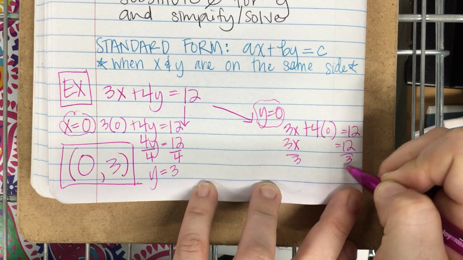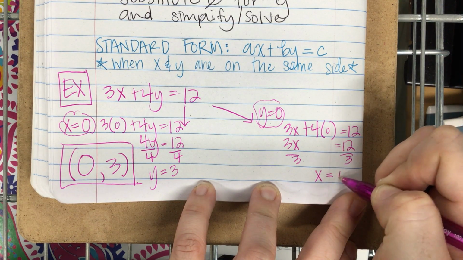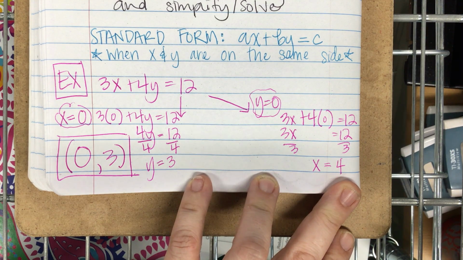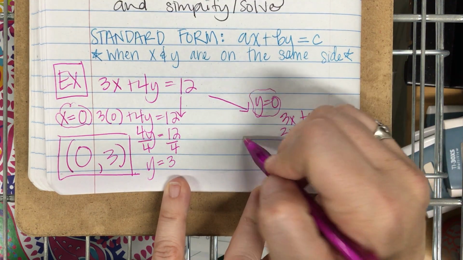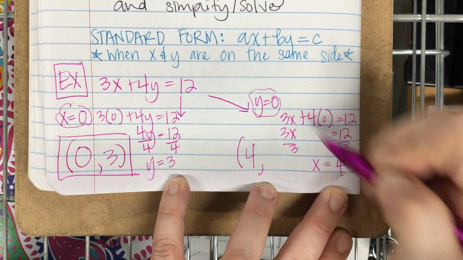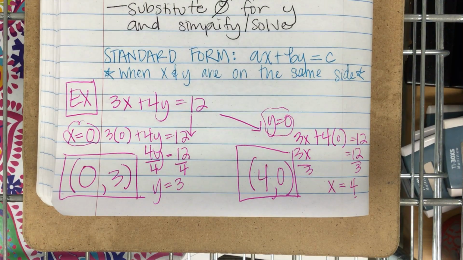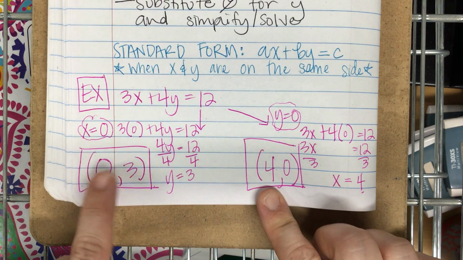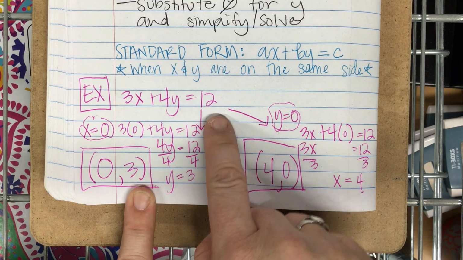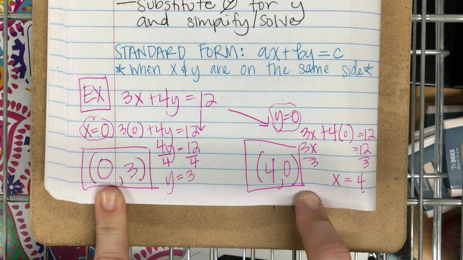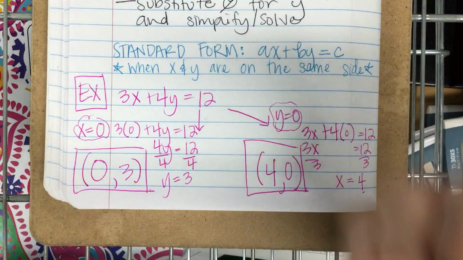Divide by 3, x equals 4. What's my answer for this one? 4, 0. 4 is my x value, 0 is my y value. These are my intercepts. If I was going to graph this, I totally could. I could put an ordered pair at 0, 3, over 0 up 3. And I could put a dot at 4, 0, meaning over 4 up 0, and I could connect them, and there's my line.